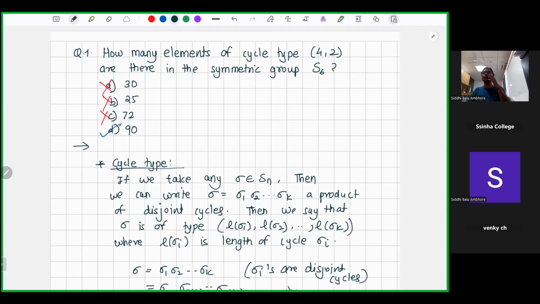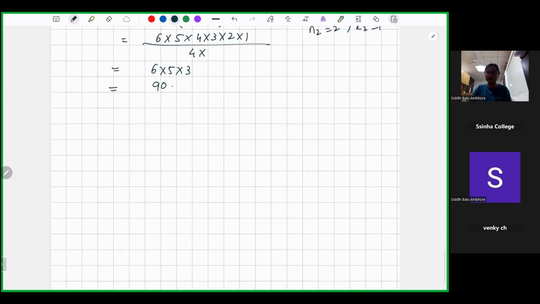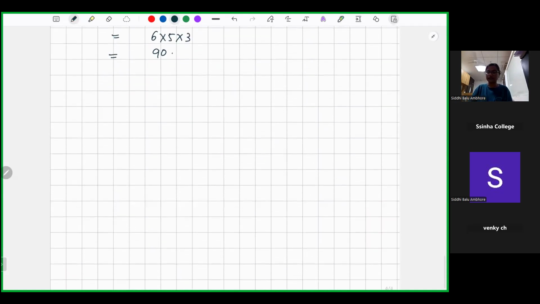Any doubts here on how to calculate? Or if you want, we can try one more example. Here N1 and K1 were the same, but let us try something different, just for understanding the formula. Suppose we have to calculate the elements of type 332 in S8.